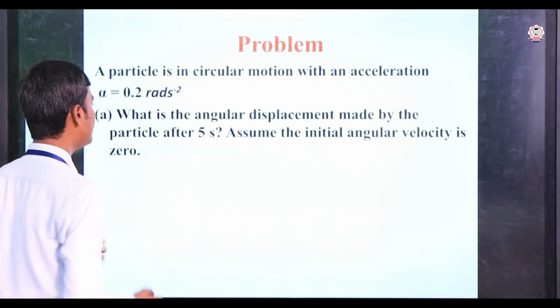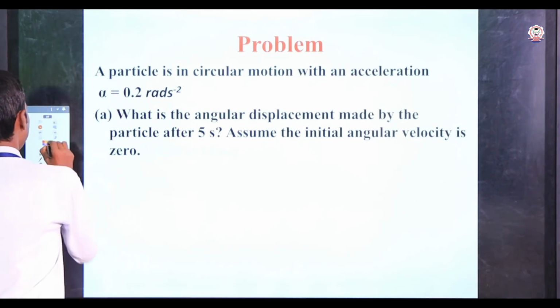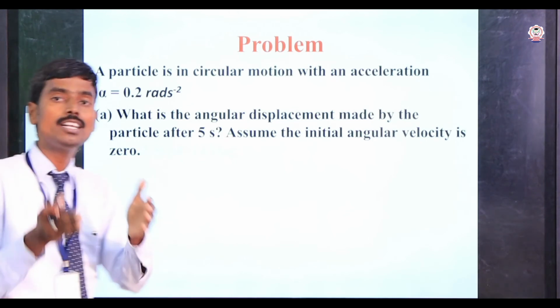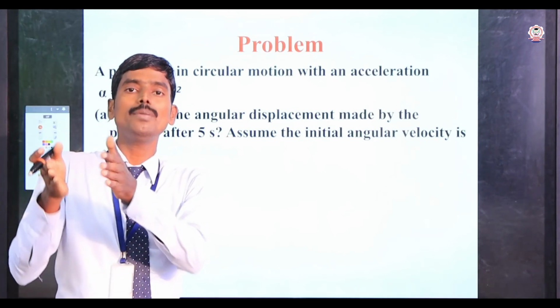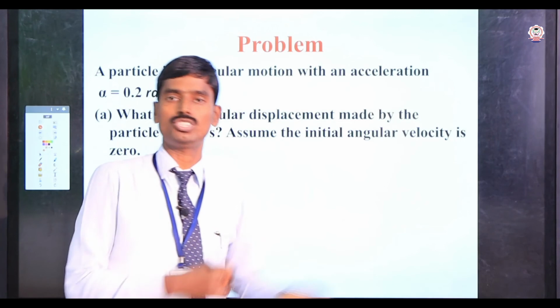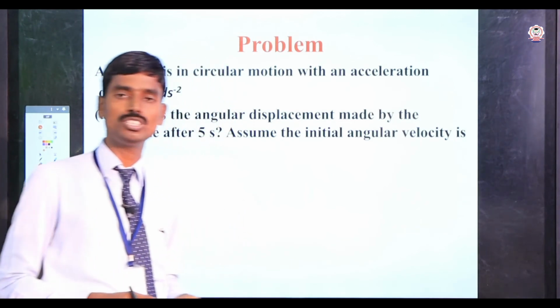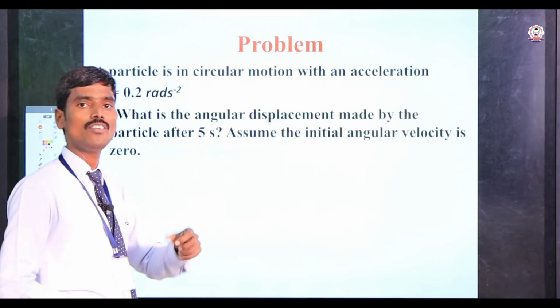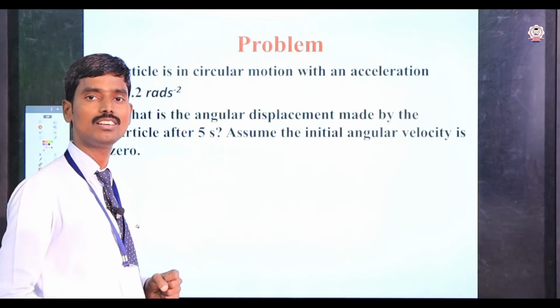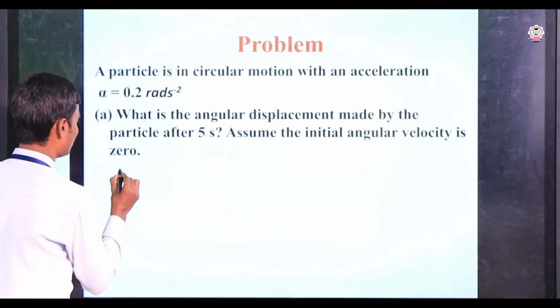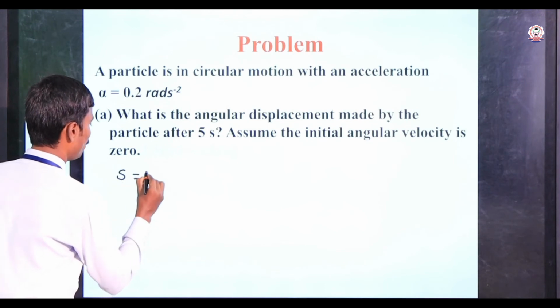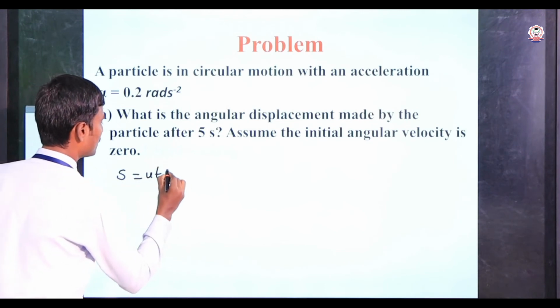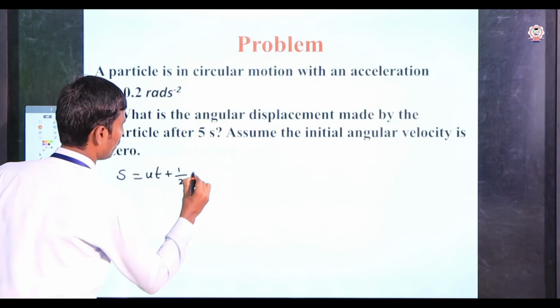Already we know the basic concept, the comparison between kinematic equations of linear motion and angular motion. The question asks for angular displacement. The formula for linear displacement is S equal to ut plus half at square.